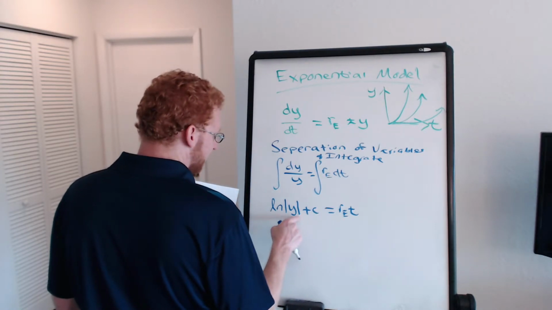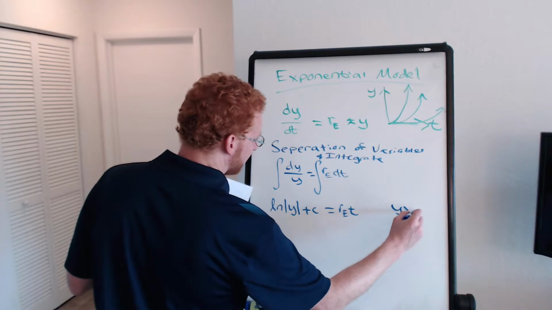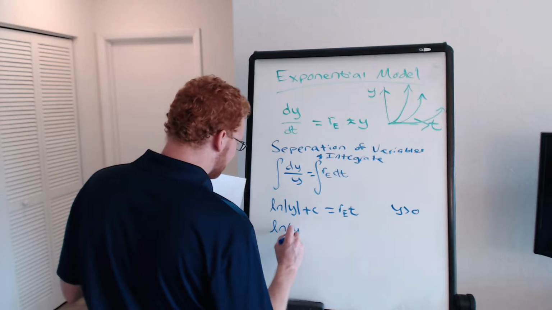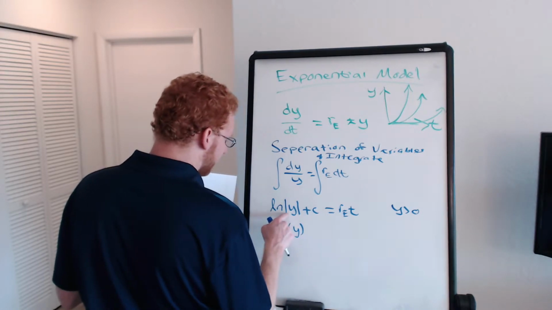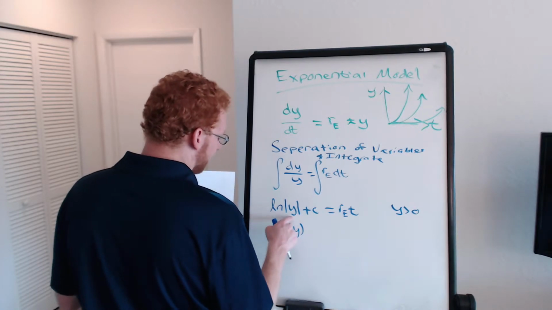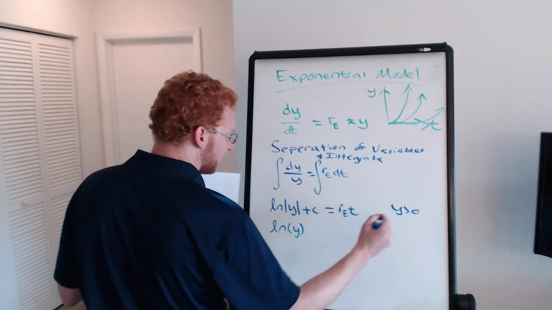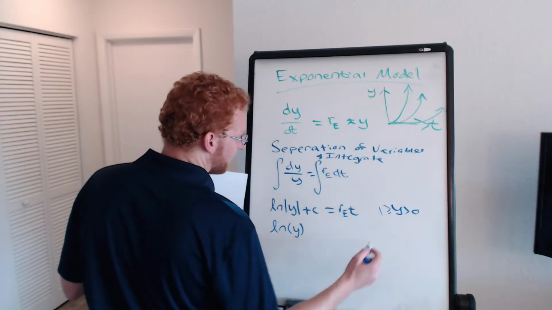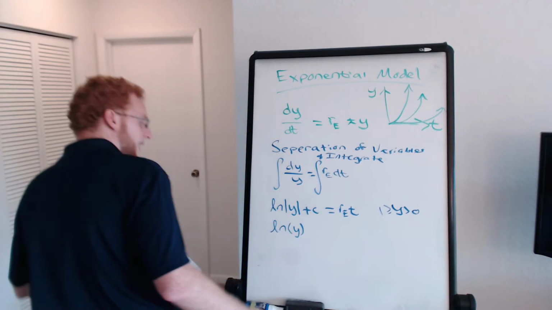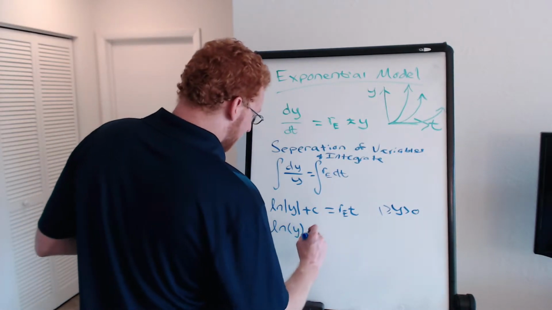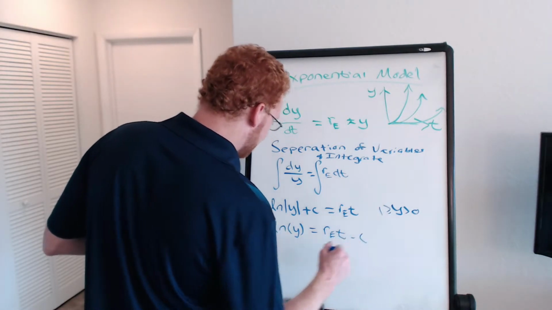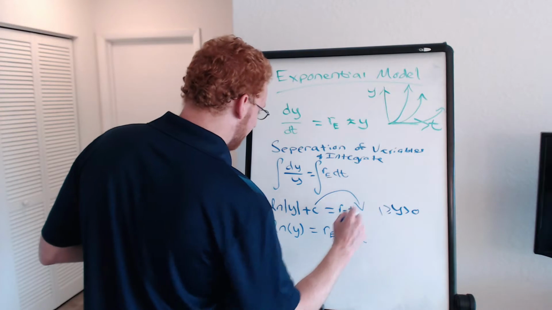Then y ranges between 0 and 1. If we restrict y to always be greater than 0, the absolute value symbol can go away and just be parentheses, because it only matters if y is negative or 0. Then we don't need absolute value symbols because it's never going to go negative. Ln y is equal to r sub e times t minus c. Move the c over there.